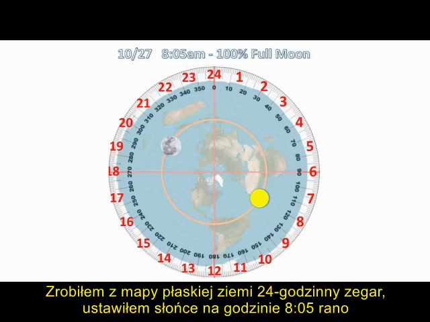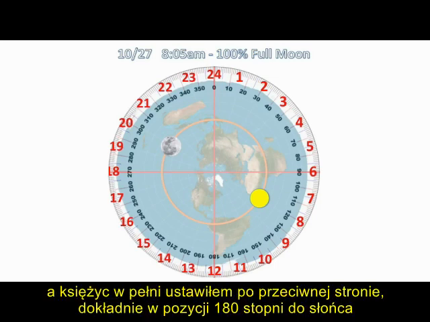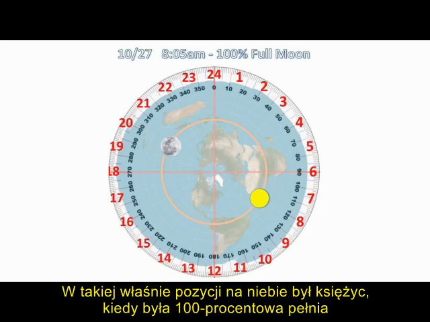I've set up my flat Earth map to be a 24-hour clock, and I've positioned my sun at 8:05 a.m. and I've positioned my full moon exactly 180 degrees opposite of the sun. So this is where the moon was in the sky when it was 100% full.